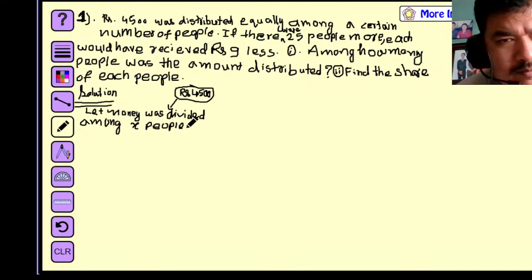And the money was divided among the X people.